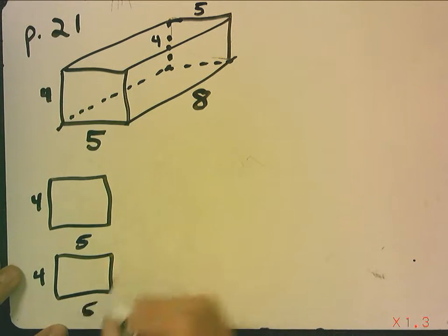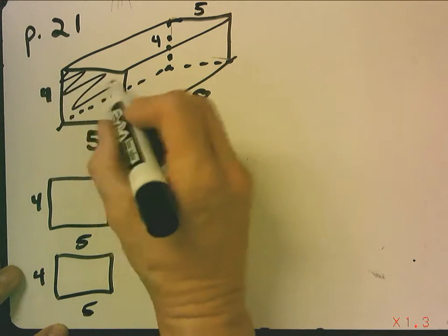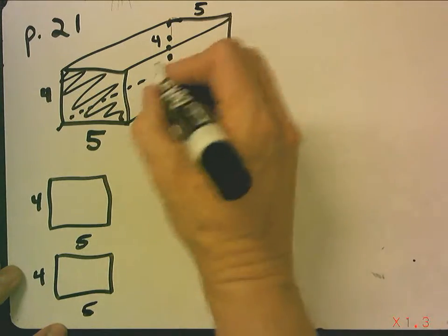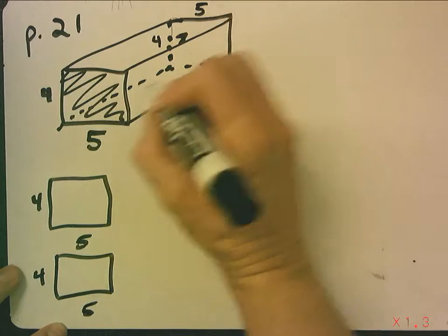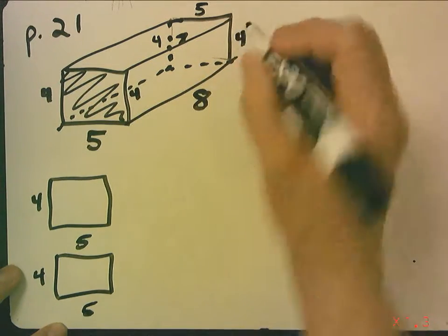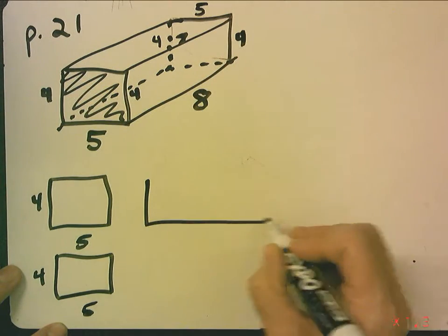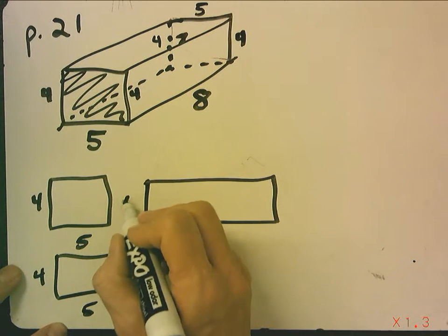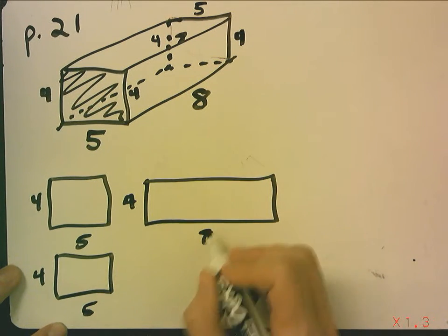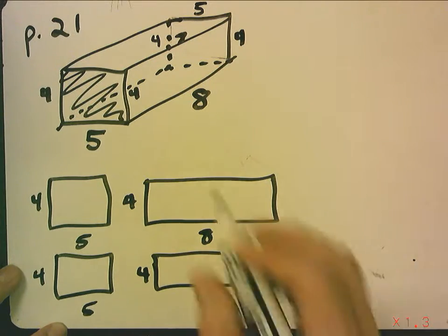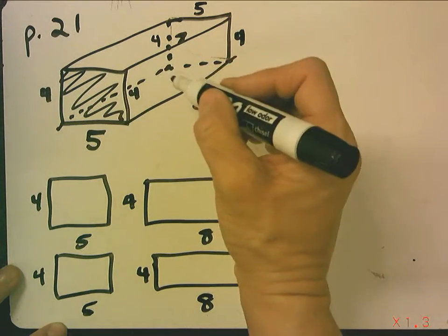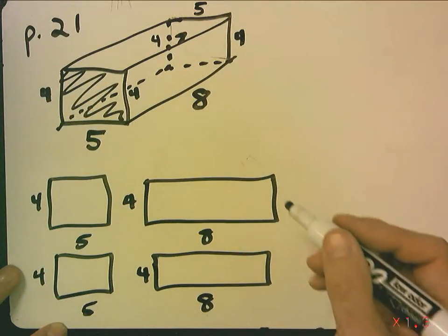That's the front and the back. Now I have 2 faces that are 4 by 8. That's side to side.